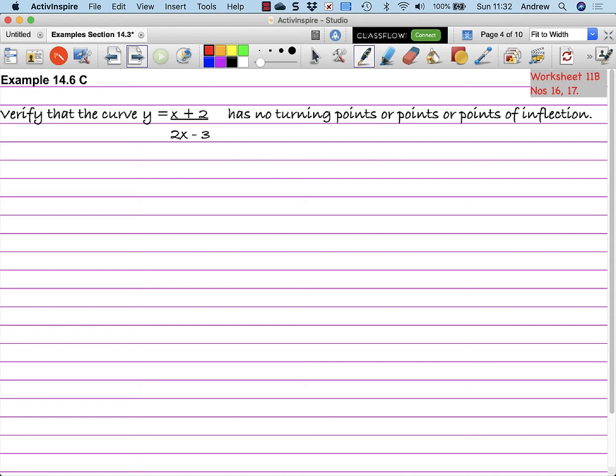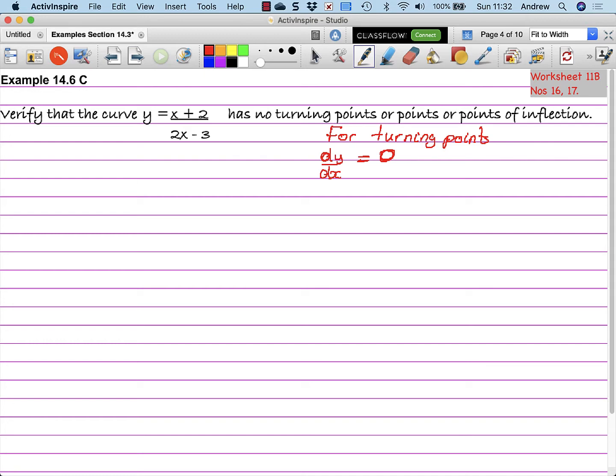Well, for turning points, dy dx is equal to 0. That's the formula for turning points.